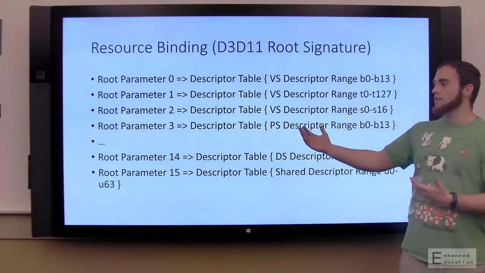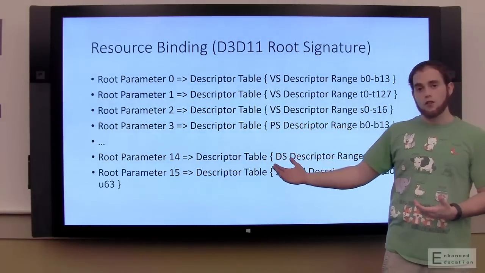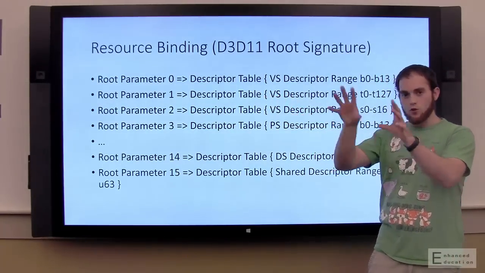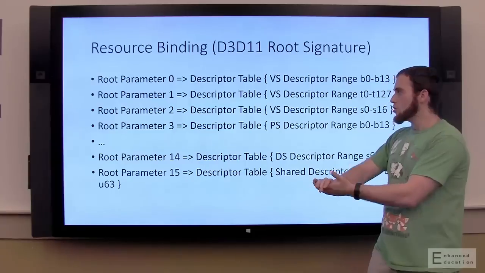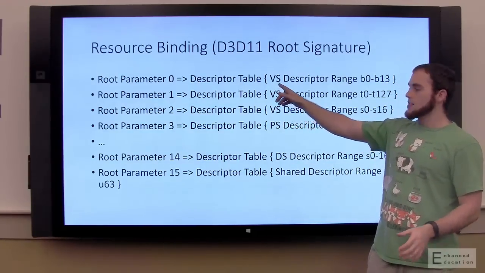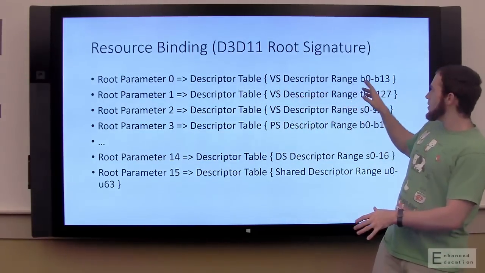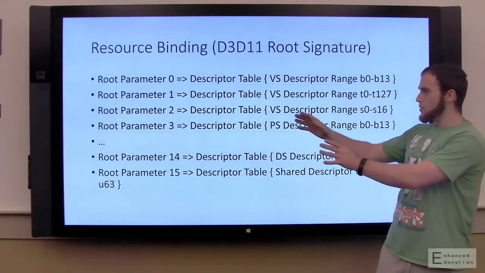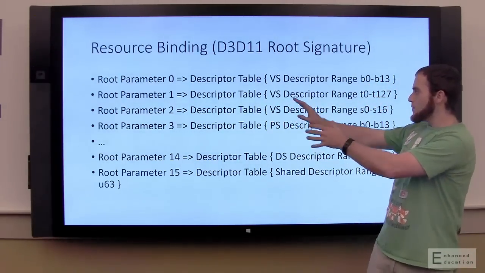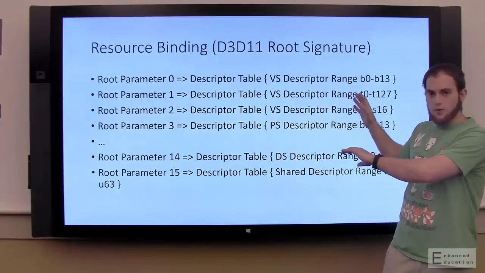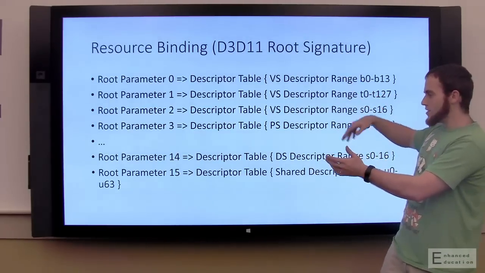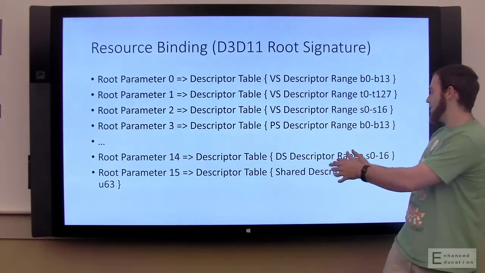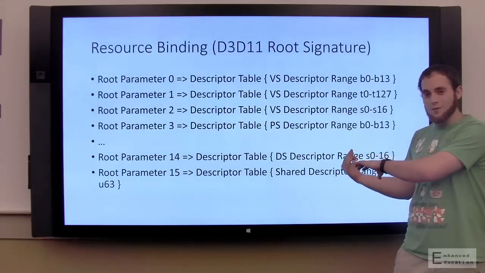As an example of what a D3D11 root signature might look like, root parameter 0, again just an API virtual construct of a binding slot, could correspond to a descriptor table which contains the vertex shader descriptors of constant buffer 0 all the way through constant buffer 13. Root parameter 1 would be a descriptor table that's vertex shader descriptors T0 through T127, etc., all the way to parameter 14 as the domain shader samplers, for example.